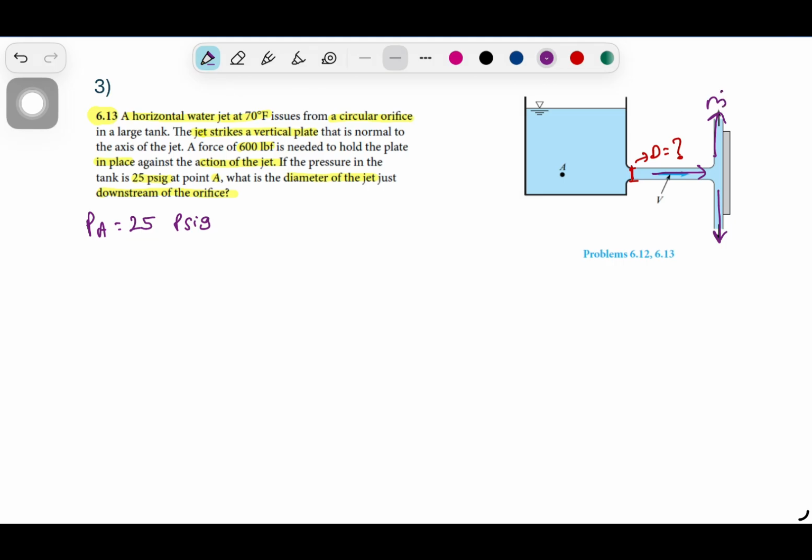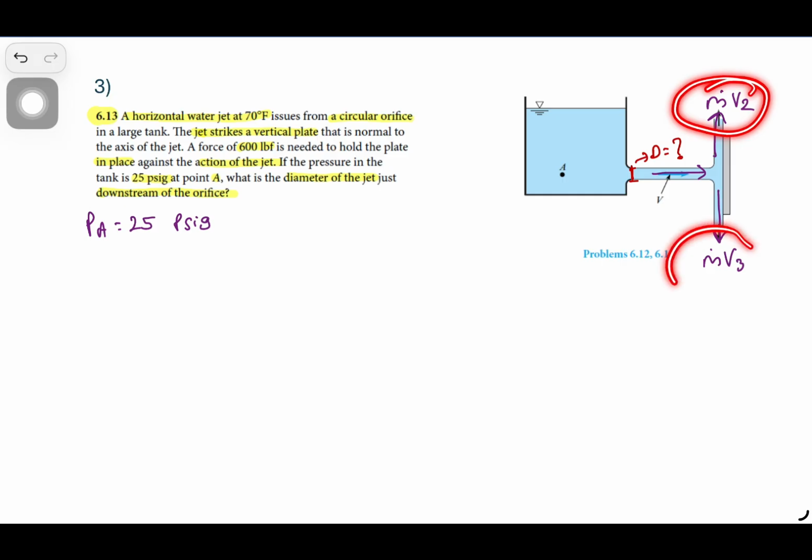So this can be m dot v2, mass flow rate times velocity, and v3. However, in this question, we don't need to deal with these vertical ones because we have horizontal force and we need to find diameter. So we can just use this x direction and use these values.